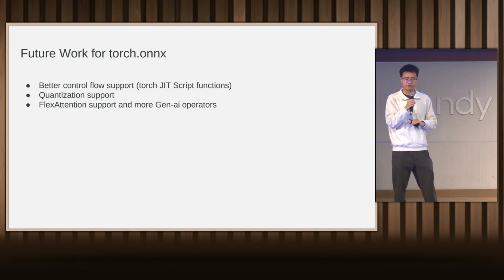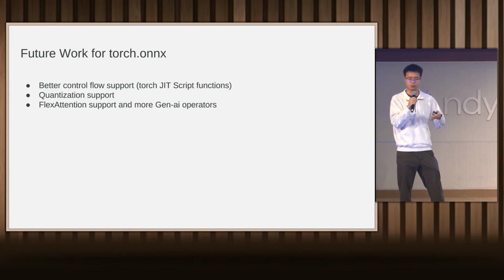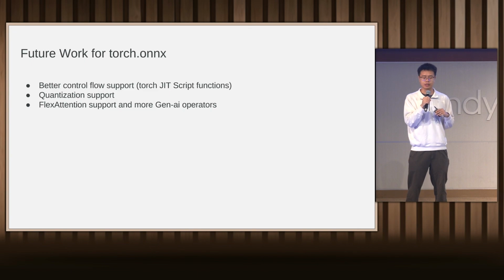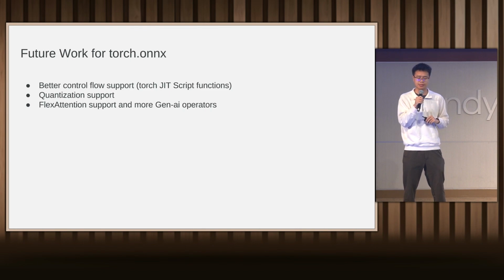Now, some future work for the Torch exporter. We want better control flow support, which is what I previously mentioned. Maybe understanding Torch JIT scripted functions would be beneficial. We also want to potentially support the different quantization methods and quantization frameworks that are popular in the PyTorch ecosystem.